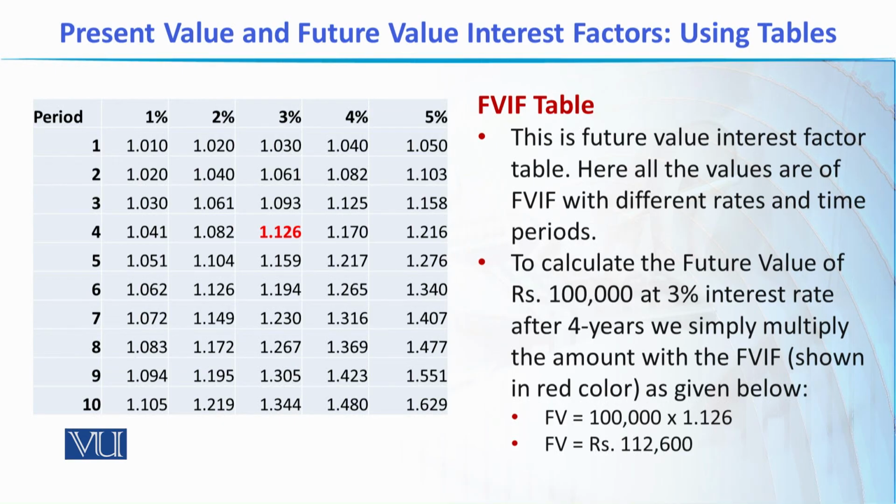If you have a more comprehensive table, you can have more rates of interest going up to any level. And vertically in the first column, we have periods. As we have said, these are years, these time periods 1, 2, 3, 4, 5 till 10. And again, if we want to extend this table, we can extend it to any number of years.